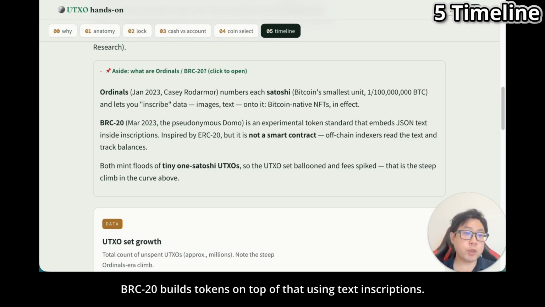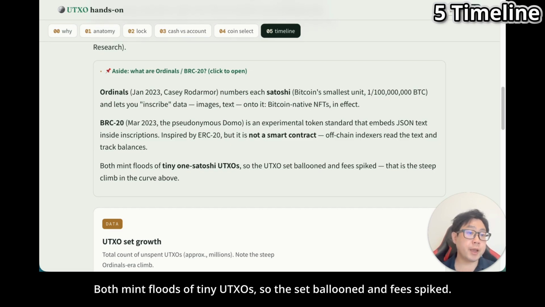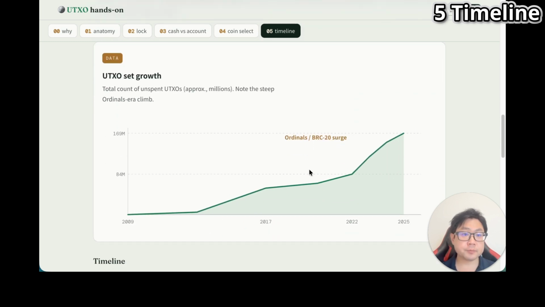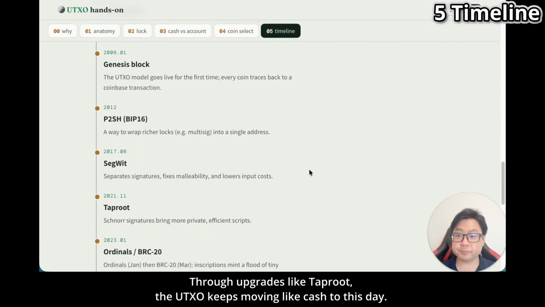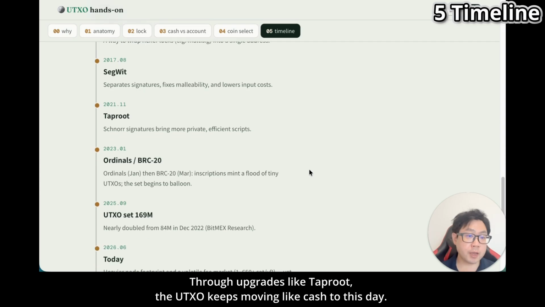And BRC20 builds tokens on top of that using text inscriptions. Both mint floods of tiny UTXOs, so the set ballooned and fees spiked. Through upgrades like Taproot, the UTXO keeps moving like cash to this day.